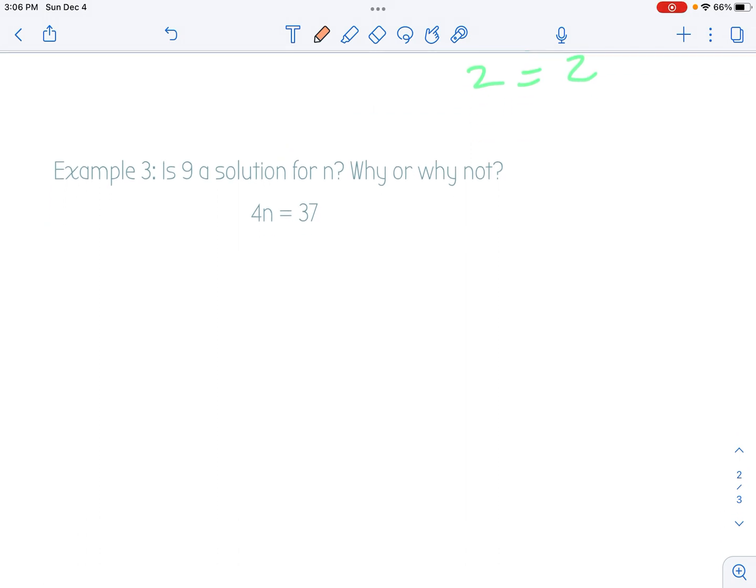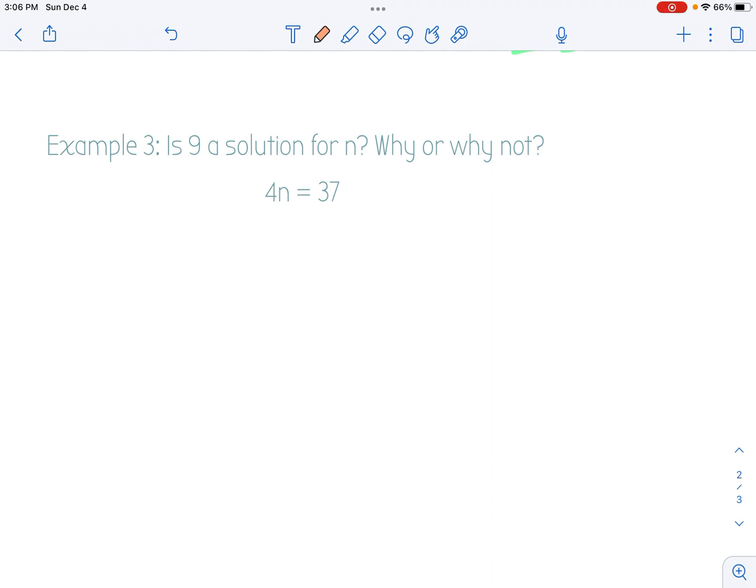Example 3, is 9 a solution for n? Why or why not? First, a refresh of a vocab term: coefficient. The coefficient here is 4, not 4n, just 4. If you're co-teaching or co-captains, you're doing stuff together.